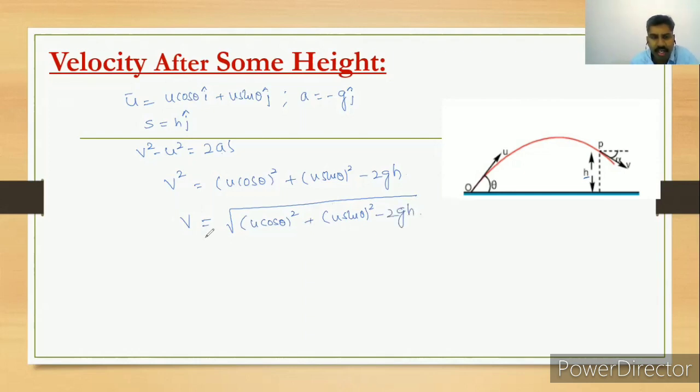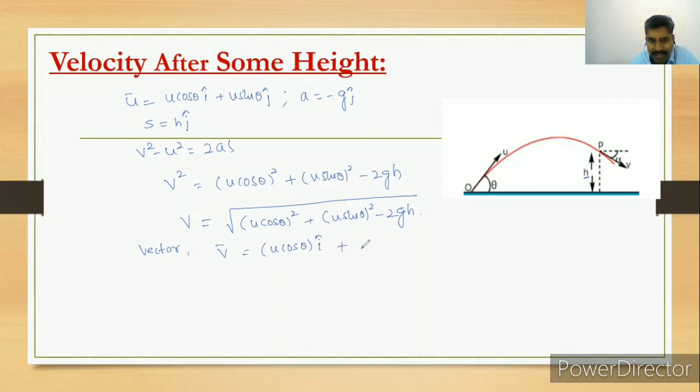This is v. In vector form, how can we write it? The v vector is equal to, the root and square cancel for the horizontal part, so we get u cos theta i cap. So this is the first.